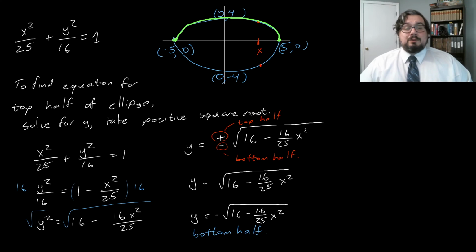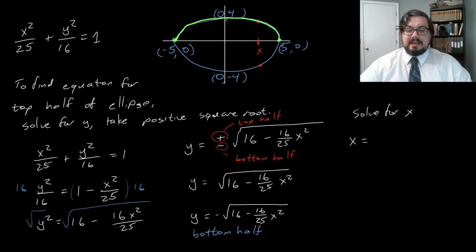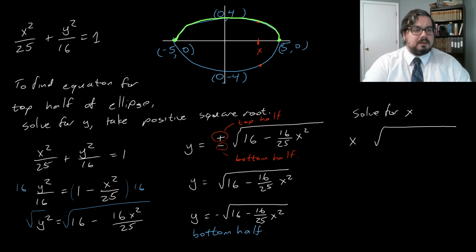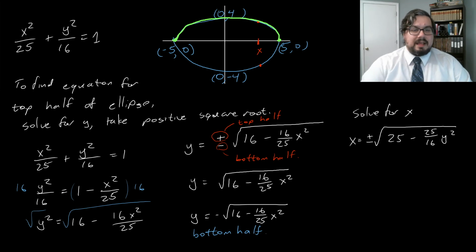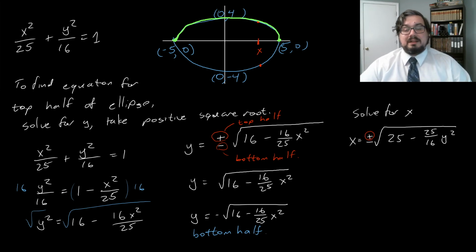In order to get the right or left halves, we solve for x instead. So if we solve for x, then what we wind up getting is x equals plus or minus the square root of 25 minus 25 over 16 y squared. And again, the plus or the minus correspond to different half ellipses here.